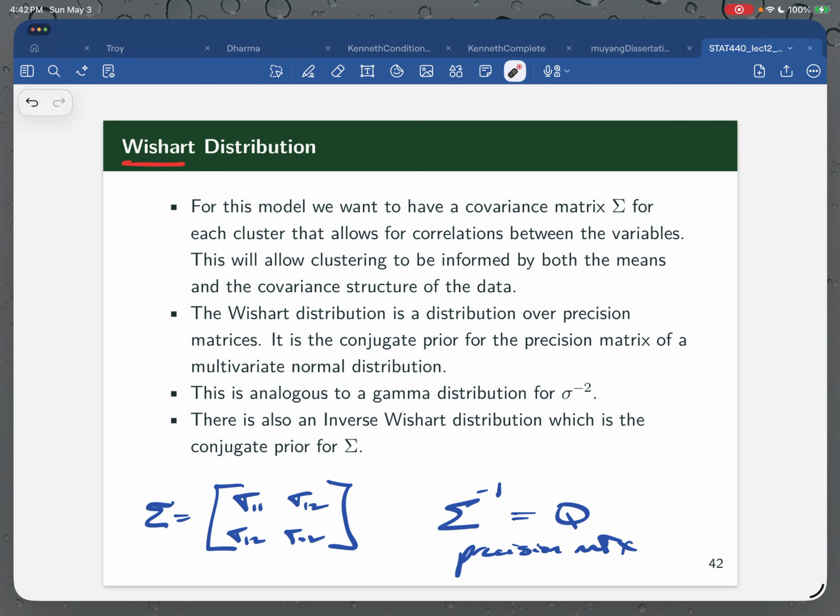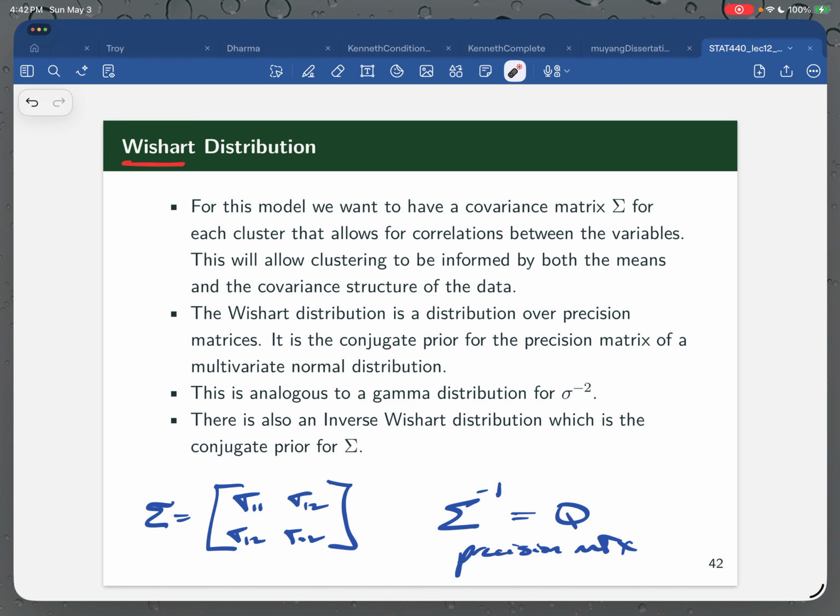As this bullet says, this is analogous to putting a gamma distribution on sigma to the -2 in the one-dimensional case. So we could do an inverse gamma on sigma squared, we could do a gamma on sigma to the -2. This is essentially a one-dimensional precision matrix.